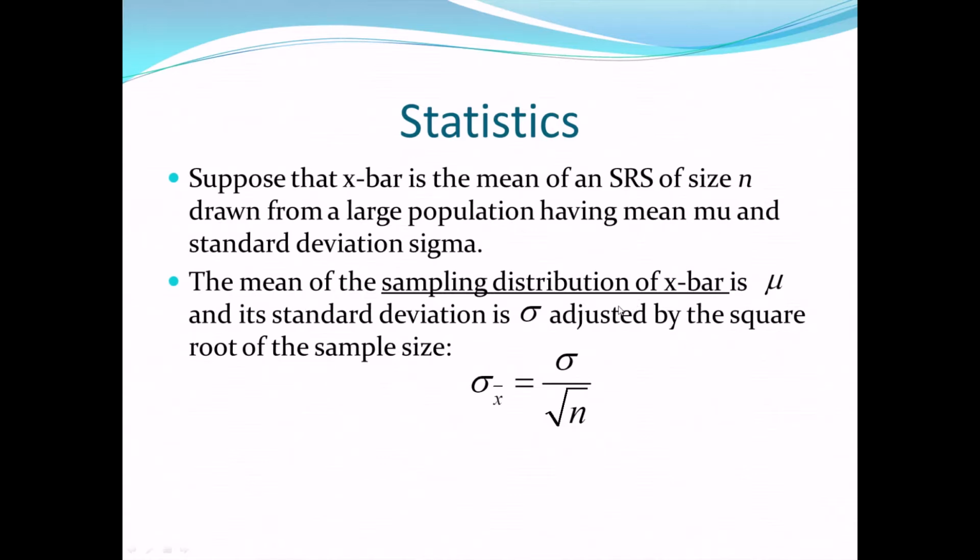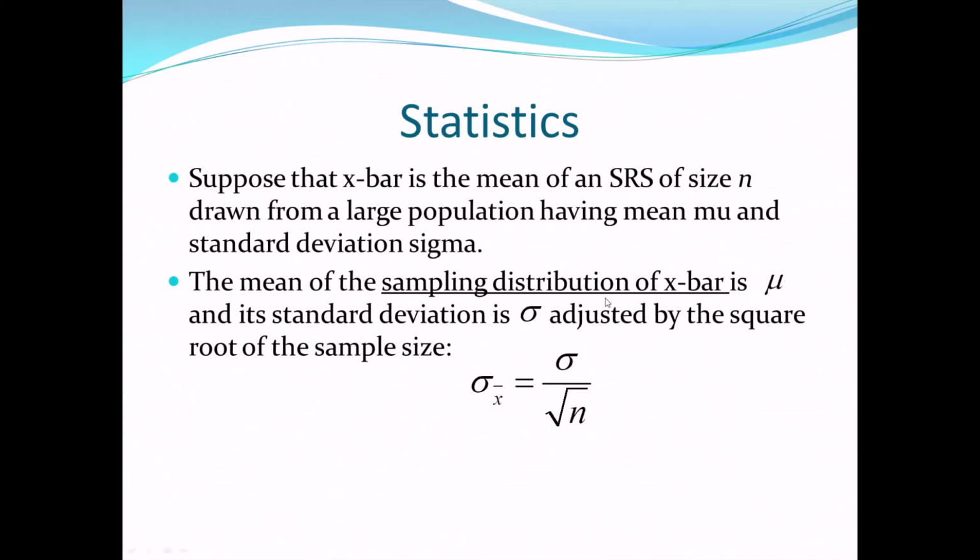Now the standard deviation will change, right? Because if you're going to create distributions of averages of a bunch of things, samples of size n, you're going to remove variation by the simple act of doing those averages.